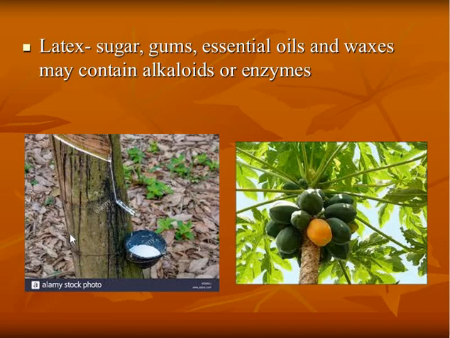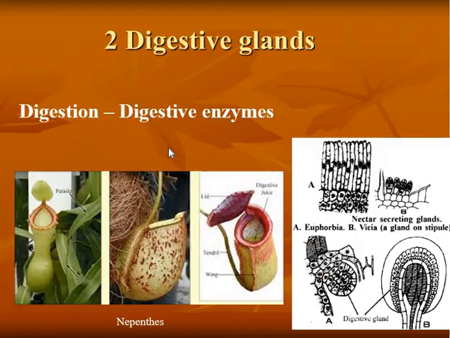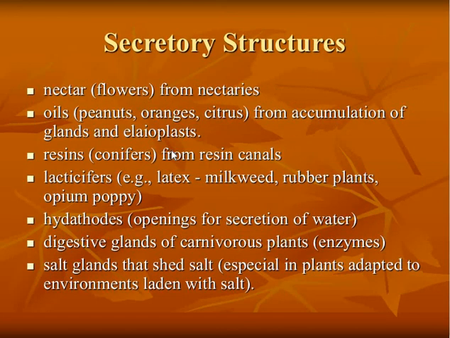Anyhow, latex-storing tissues are called laticiferous. So we discussed various kinds of secretory and excretory tissues in plants. The secretory and excretory tissues include nectaries, resins, laticifers, hydathodes, digestive glands and salt glands.